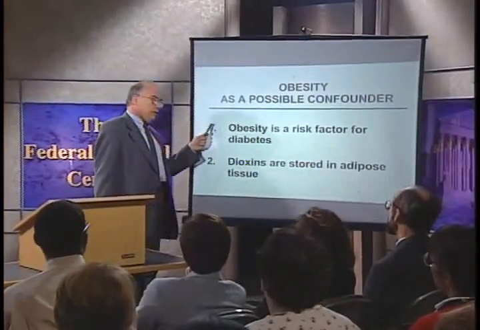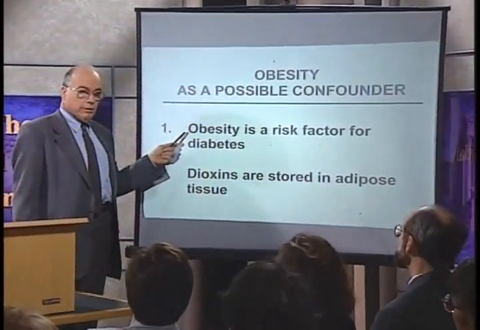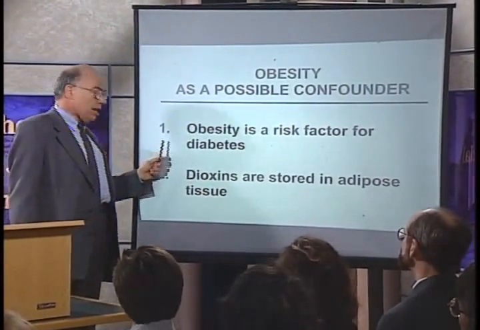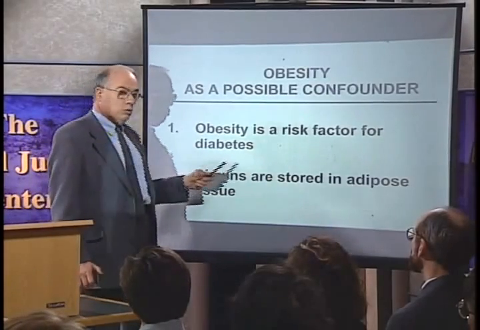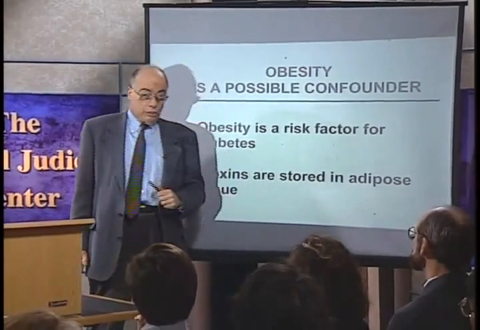But the possibility was raised that this association that we observe might be due to confounding. How could that happen? We know that obesity is a risk factor for diabetes. We also know that the dioxins, of which Agent Orange is a mixture, are stored in the fat tissue, in the adipose tissue.